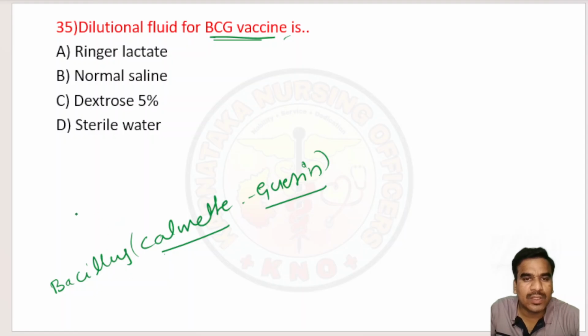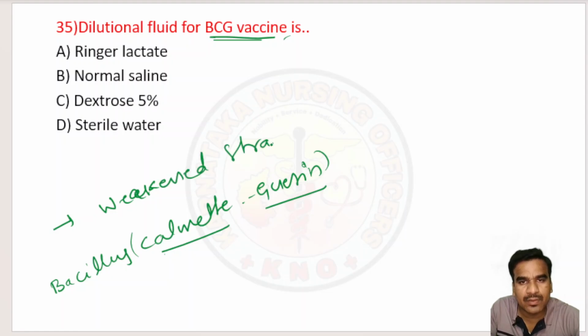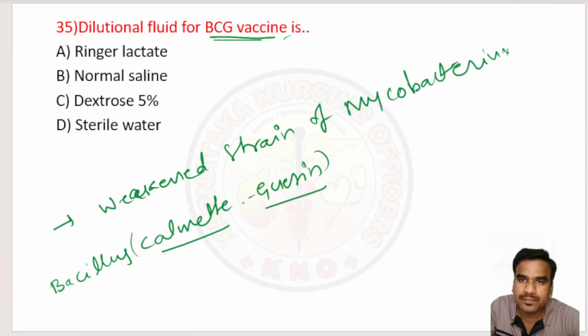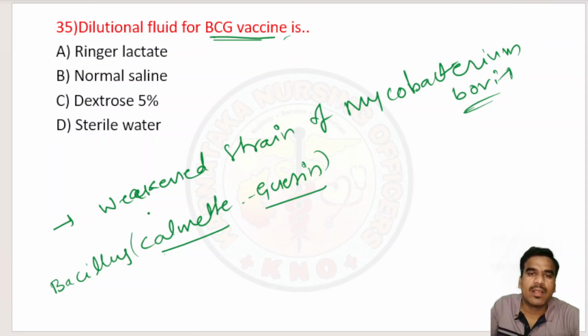Okay, so the BCG vaccine is extracted from the weakened strain of the Mycobacterium bovis. Okay, so this is the weakened strain of the Mycobacterium bovis.